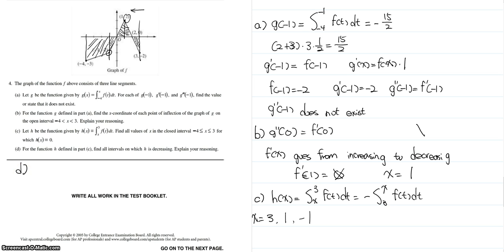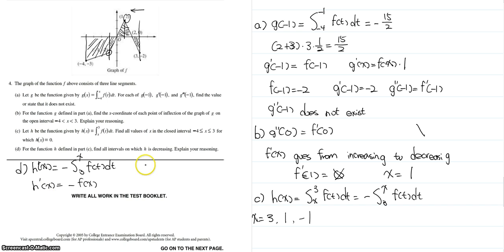Now let's look at D: find all intervals on which h is decreasing. We know that h of x equals negative the integral from 3 to x of f of t dt. According to the second fundamental theorem of calculus, we take the derivative on both sides. h prime of x will be negative f of x.